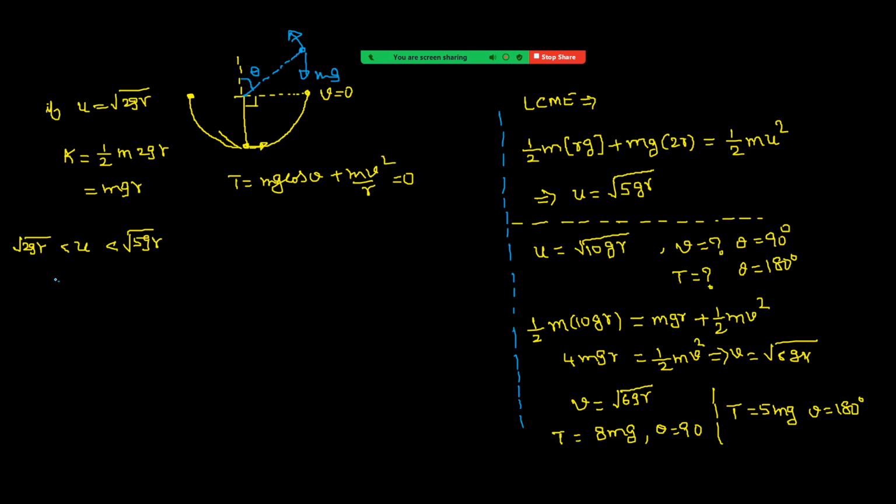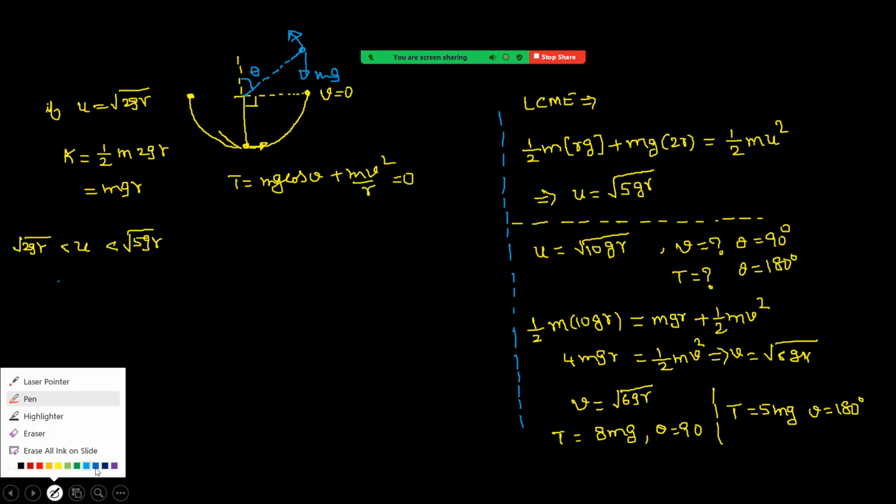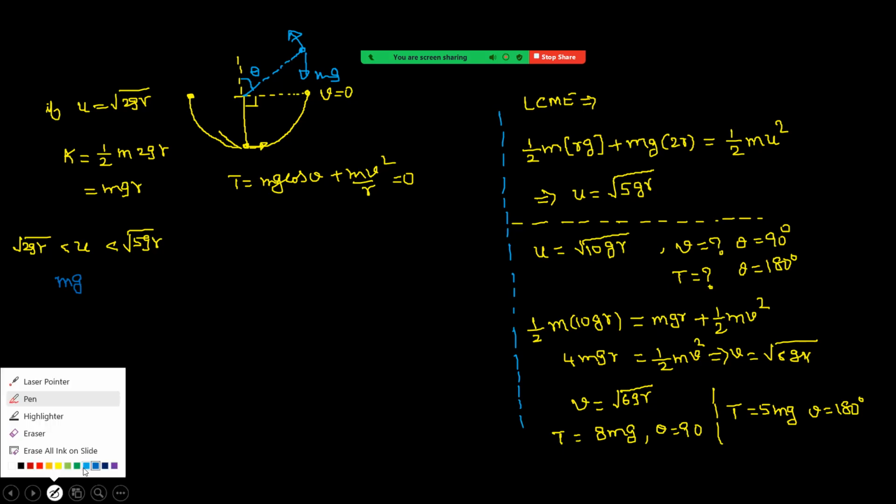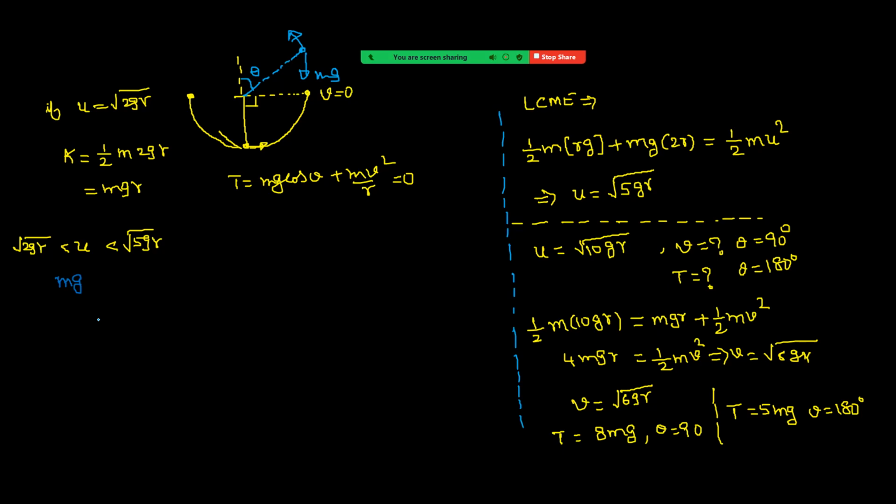First condition is mg cos theta providing centripetal force. So mg cos theta equal to mv square by r.